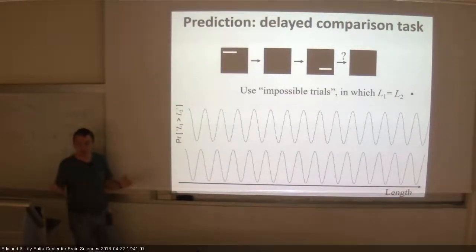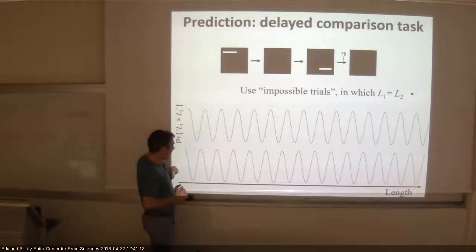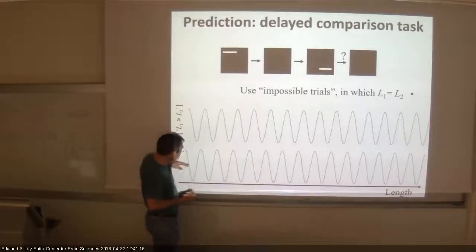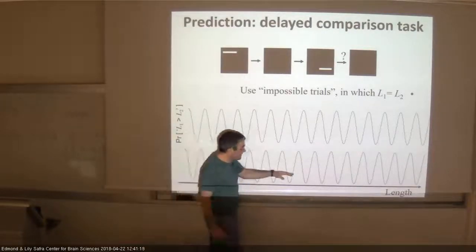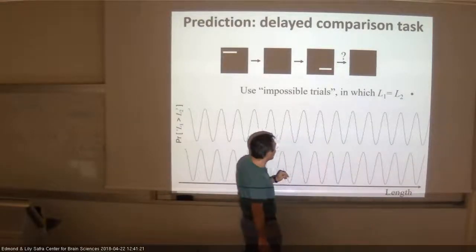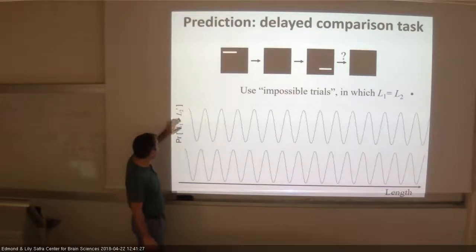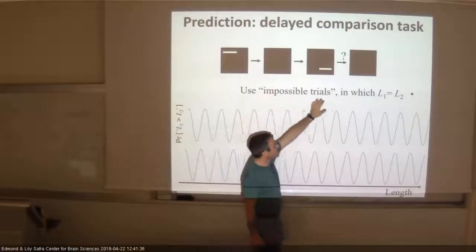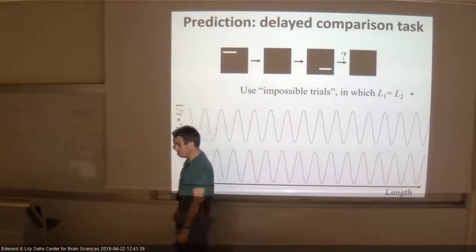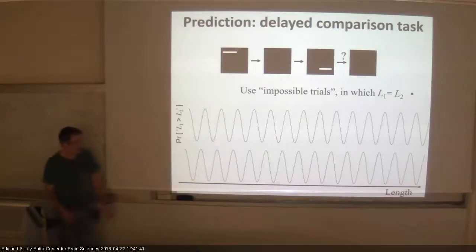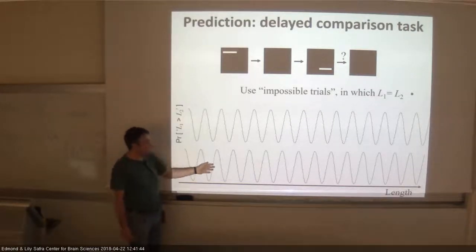So if I can run a long enough experiment with enough stimuli, and if this is the energy landscape, then the prediction is that this is how the subject will report the probability that the first one is longer than the second one in those impossible trials in which the two lines are of identical length. Now clearly, this is not the right structure of the energy landscape. Well, I don't know.